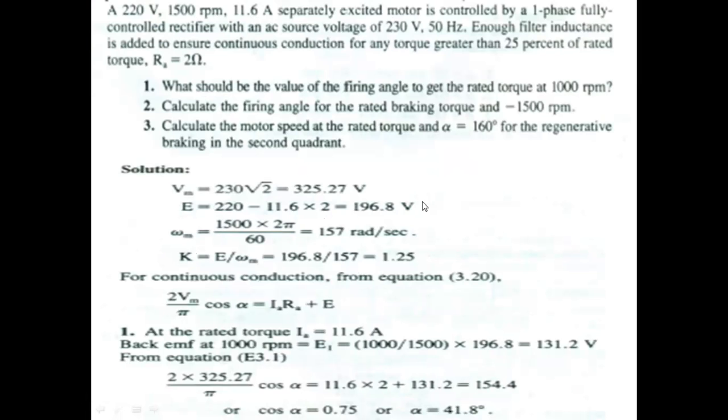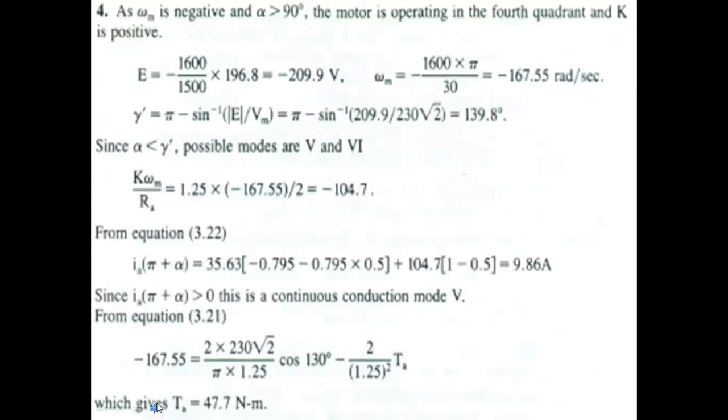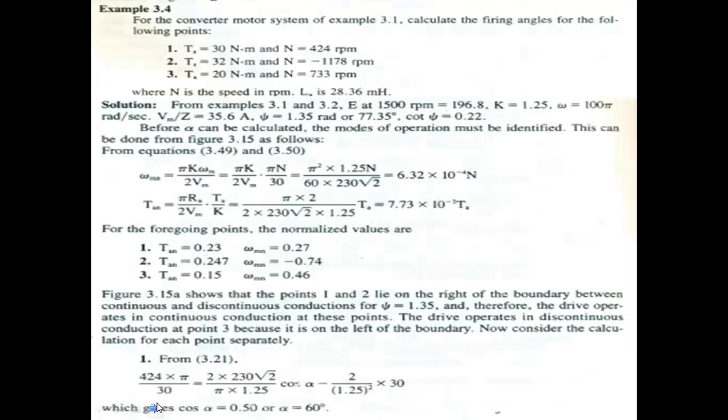Remember, this 196.8 volts is used in our problem. Here E is E at 1500 RPM. In the given problem, they gave 1500 RPM, 220 volts, 11.6 current, and RA is 2. From those data, we are getting E at 1500 as 196.8, and K we also found as 1.25.